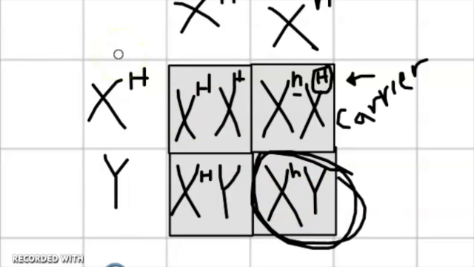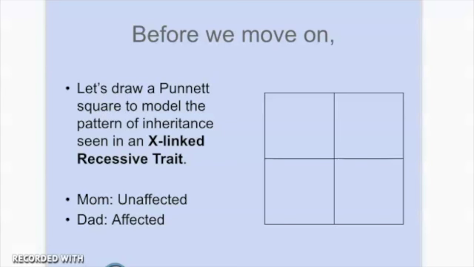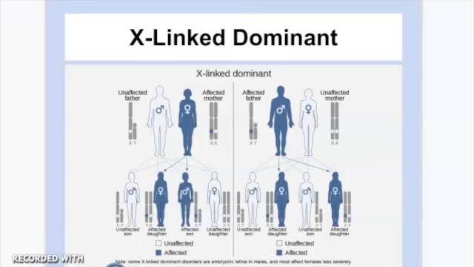So hopefully walking through this, we're able to see what it means to have an X-linked recessive trait. Okay, I'm going to clear that. And let's move on to talking about X-linked dominant.